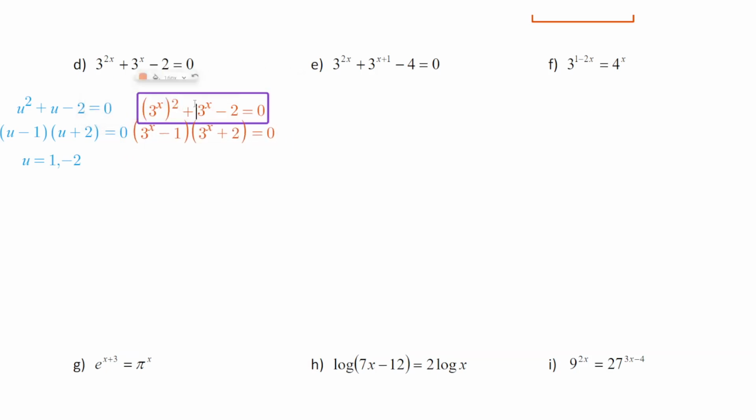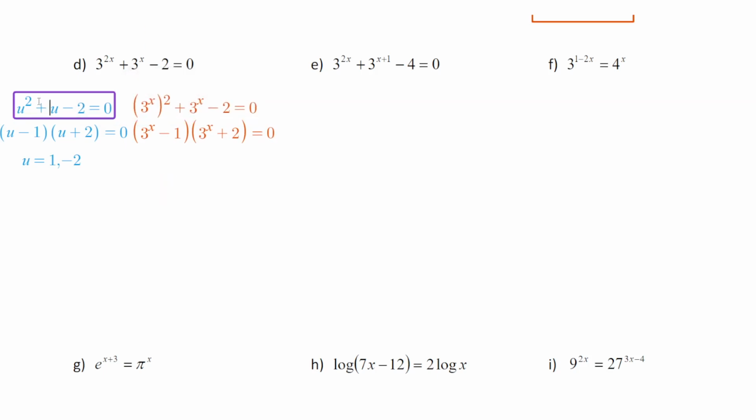Let's line these up so you can see which steps correlate to which ones here. Okay. So now if I set each one of these factors equal to 0 and solve, I'm going to get 3 to the x equals 1, and 3 to the x equals -2.